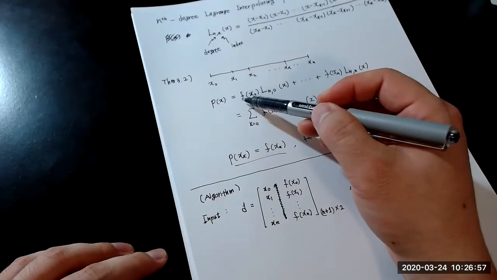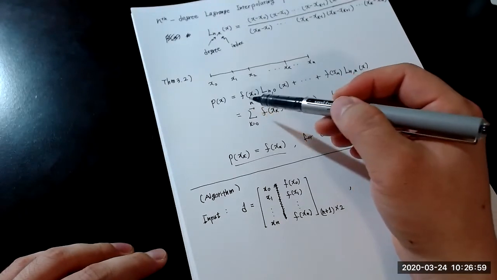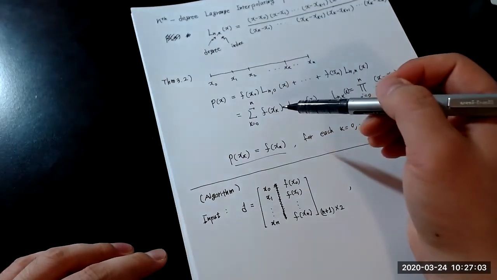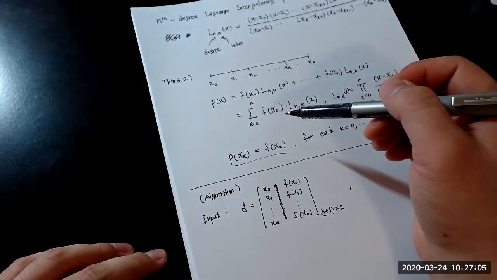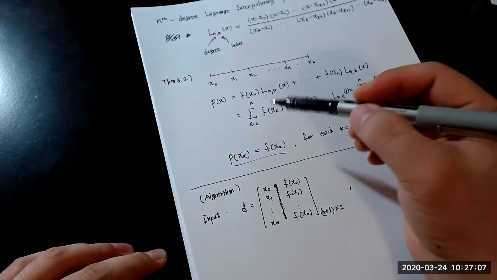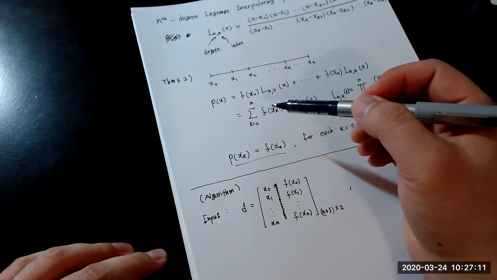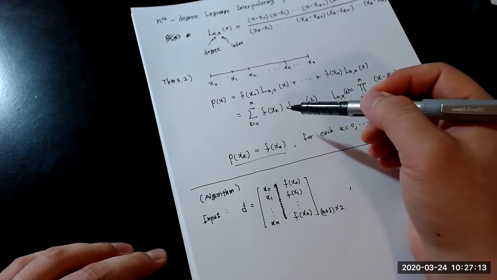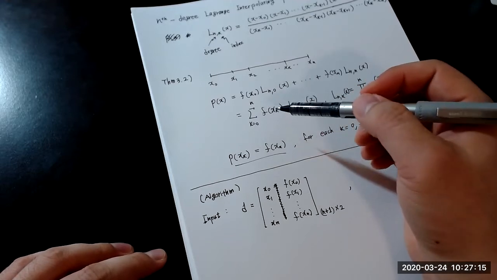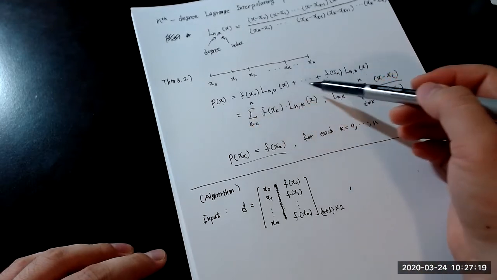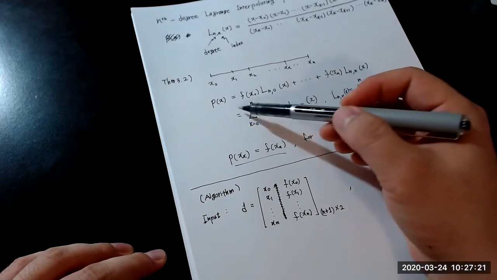Keep in mind this function f we don't know. The only thing we know is the function values at nodes x0 through xn. So we want to approximate f(x) using the Lagrange interpolating polynomial by constructing p(x) like this. So now then what?